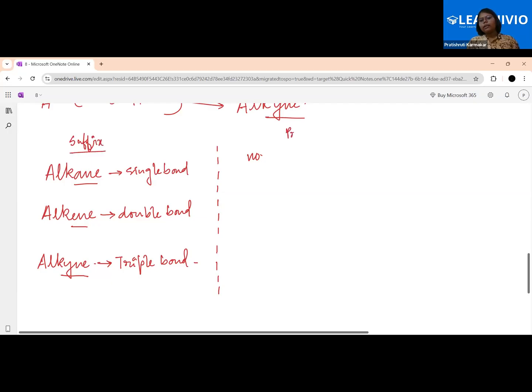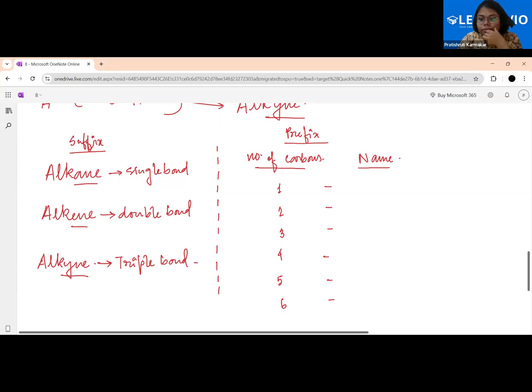And we are coming to prefix. Number of carbons. So let's say we have number of carbons 1, 2, 3, 4, 5, 6. What will be the prefix if the number of carbon is 1? Tell me. Methane.